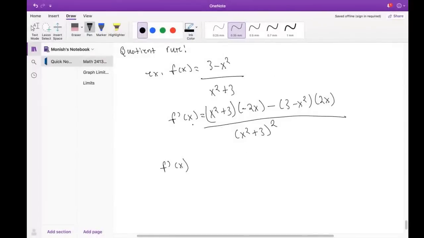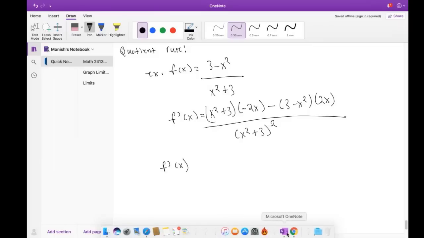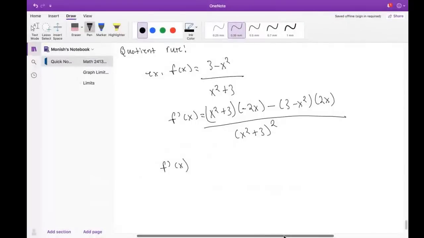Yeah, so for quotient rule with something like this, try simplifying the numerator again since it's on WebAssign. I'm not sure how strict the grading will be on it. But I remember if I took a test in class, I would go ahead and try to simplify the numerator as much as possible.